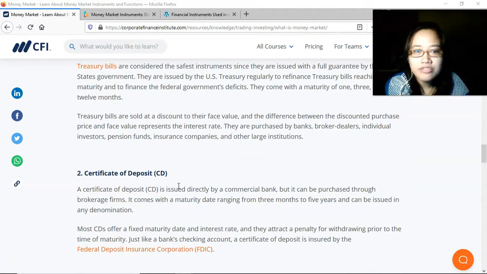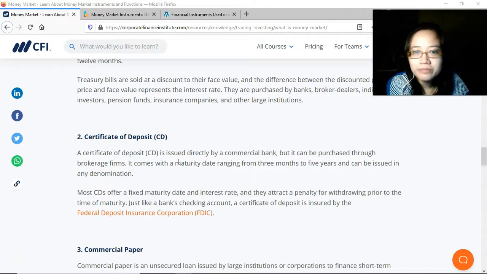Secondly, we have certificate of deposit issued directly by a commercial bank, but it can be purchased through brokerage firms. It comes with maturity date ranging from 3 months to 5 years and can be issued in any denomination. Depende sa pangangailangan. Most CDs offer a fixed maturity date and interest rate.